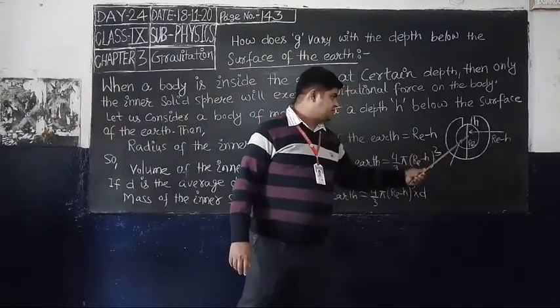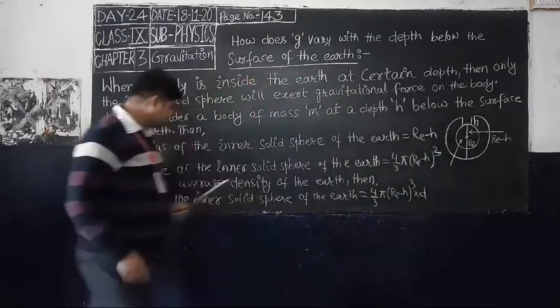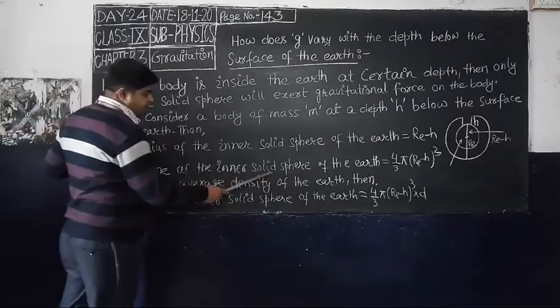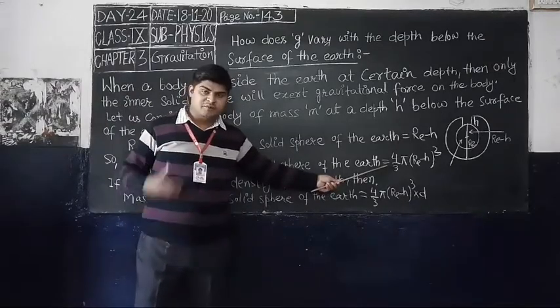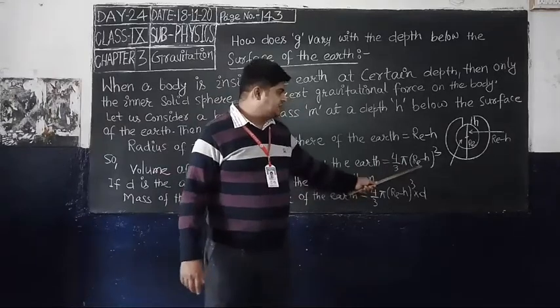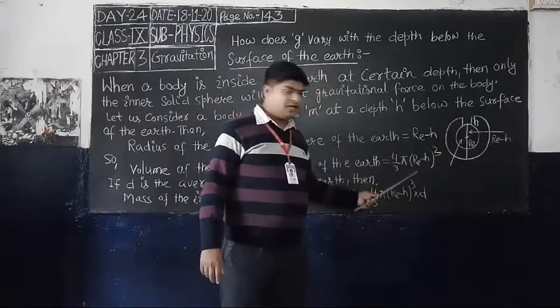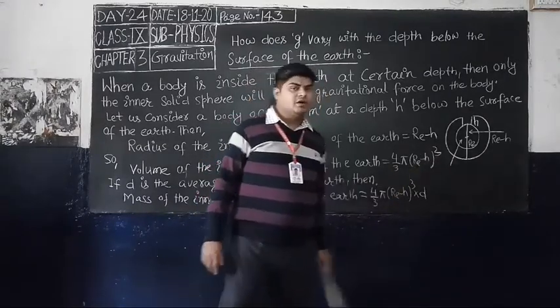Now you know that the volume of a sphere is 4 by 3 pi r cube, and here r is Re minus h for the inner sphere. So you will put 4 by 3 pi (Re minus h) whole cube.